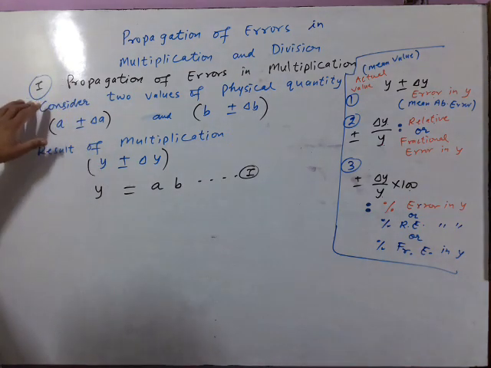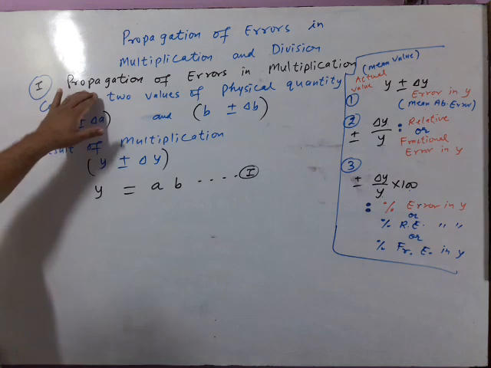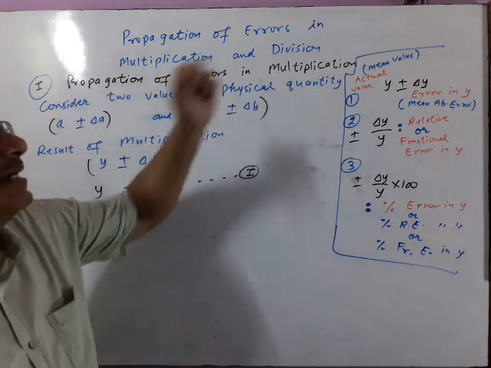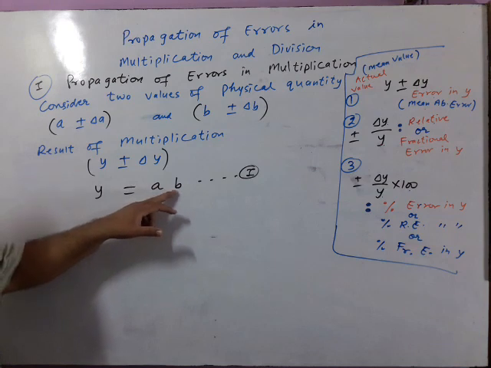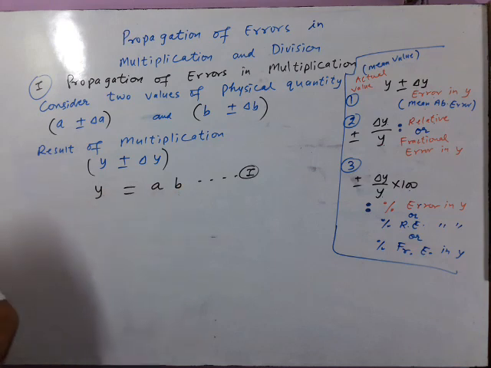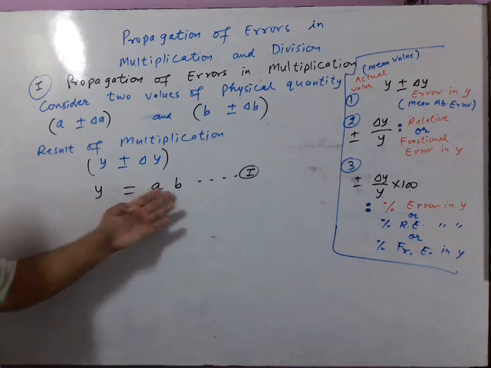Now in part 1, we are dealing with propagation of errors in multiplication. When we are multiplying two values, there is some result y. So multiplication is y equals a into b.